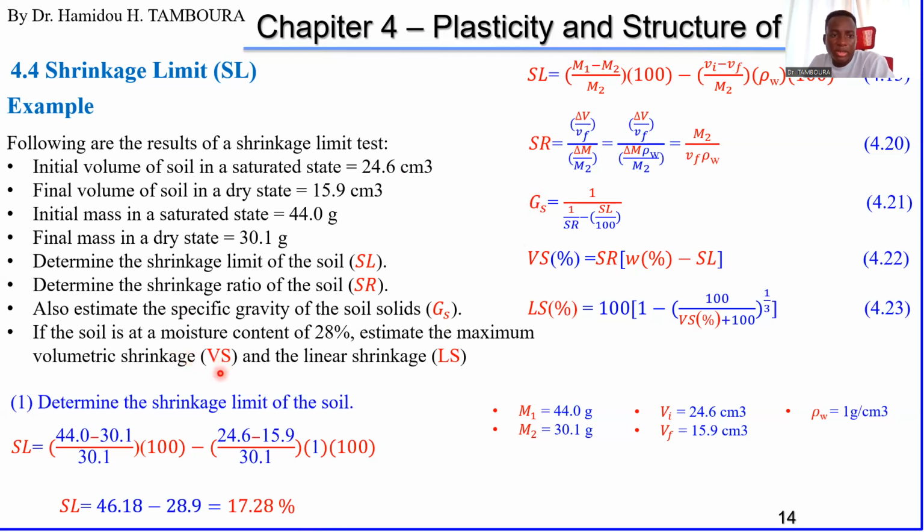And now VS, the volumetric shrinkage. If you have SR and you have SL, the shrinkage limit, just replace the water content by 28, because here it says the soil is at a moisture content of 28%.